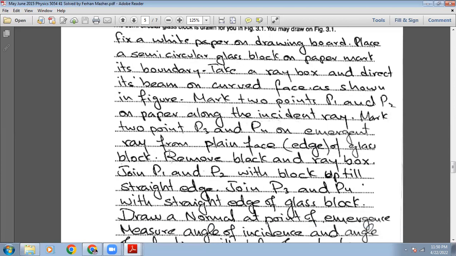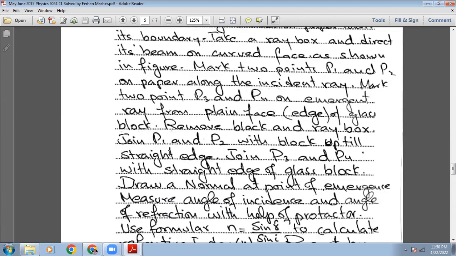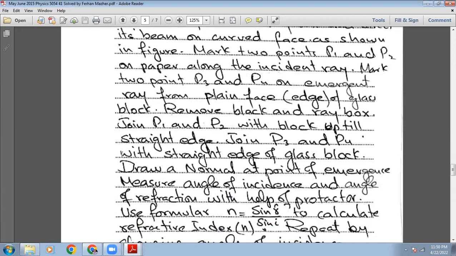Mark two points P3 and P4 on the emergent ray. Remove the block and ray box, join P1 and P2 up till the straight edge. Join P3 and P4 with the straight edge of the glass block.